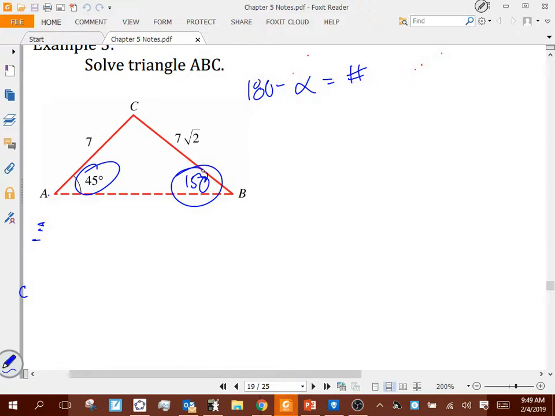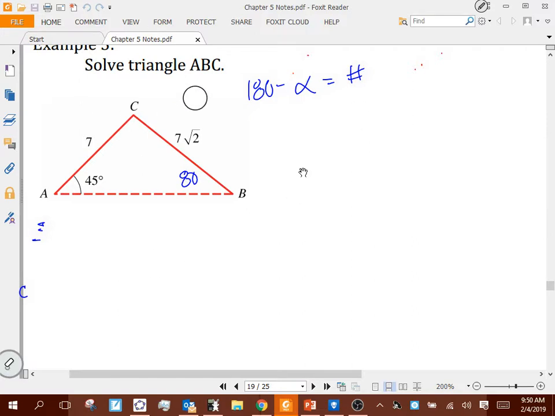Okay? Let's say this angle here was like 100. If that was 100, we'd have room for this angle here, correct? What would be the supplement to 100? 80. So if I put 80 there, with those 2 angles, do I have room for a third angle? So that would be the situation where we have 2 triangles.